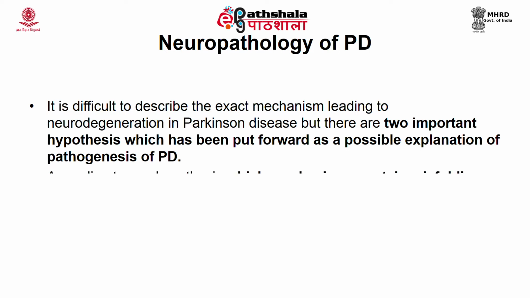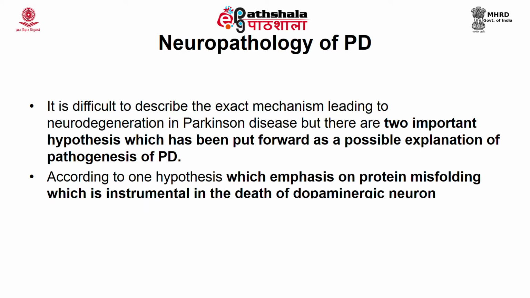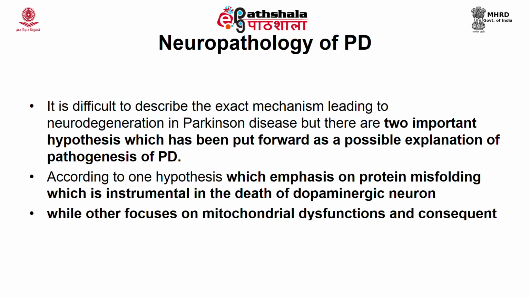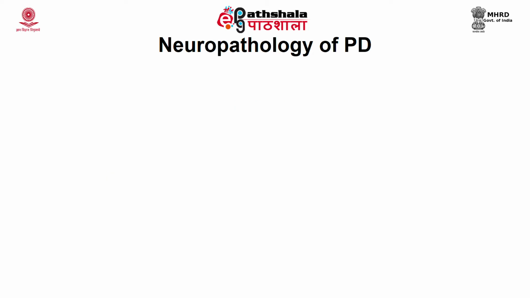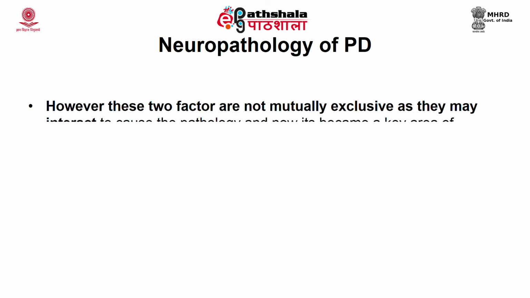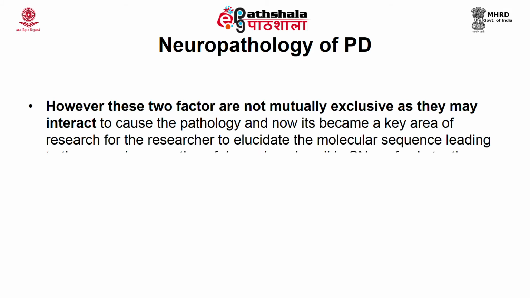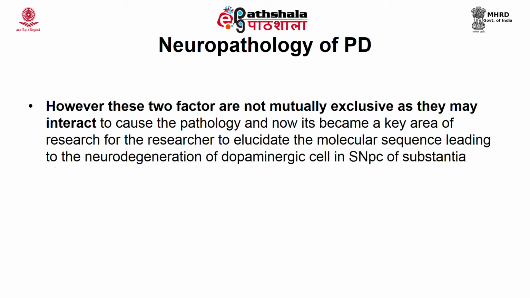According to one hypothesis, protein misfolding is instrumental to the death of the dopaminergic neuron, while the other focuses on mitochondrial dysfunction and subsequent oxidative stress. However, these factors are not mutually exclusive, as they may interact to cause the pathology, and this has now become a key area of research.